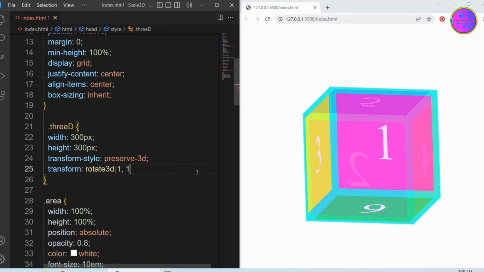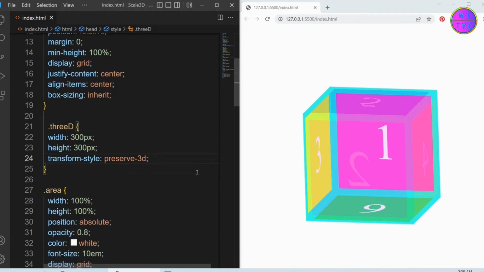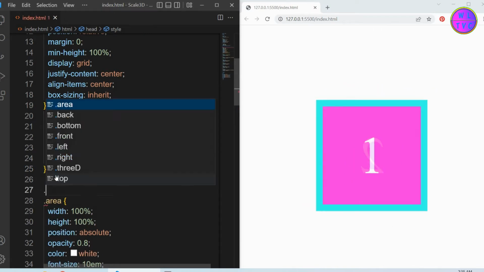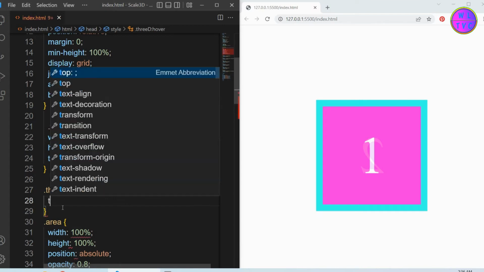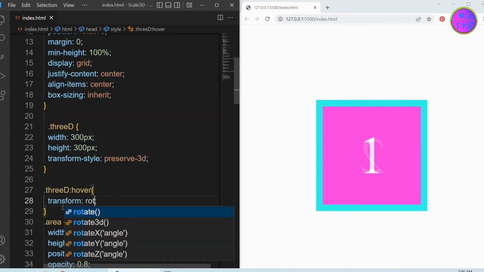Let's remove these. Add here this class name 3d followed by the hover. Then add transform Rotate3d.